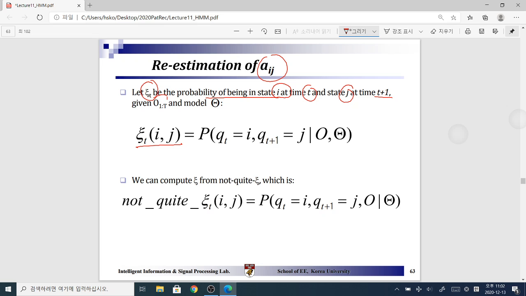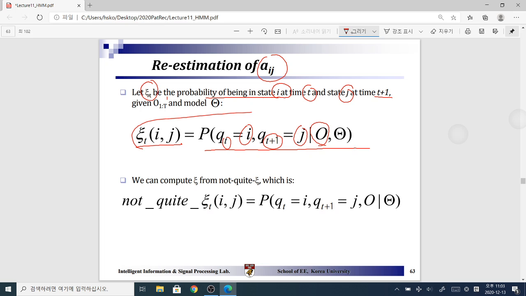So this psi sub t of ij would be the transition probability from, say, state i to state j at time t to that of time t plus 1, given, once again, the entire observation sequence and the model.